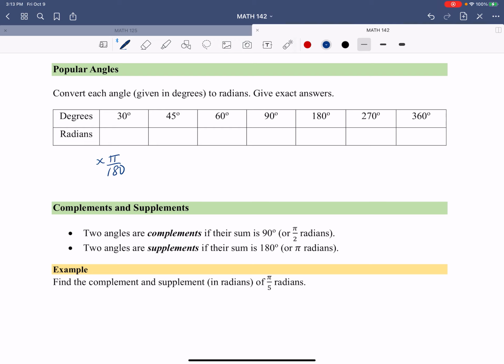So if I multiply all of these angle measures by pi over 180, this will give us pi over 6, pi over 4, pi over 3, pi over 2, pi, 3 pi over 2, and 2 pi. And there's many more in between, but that is our short list for now, angles to watch out for, because since 30, 45, 60, etc., were all special angles, we need to learn their radian counterpart. So that's where we'll stop for now, and then we'll pick up with complements and supplements and some other things we can do with radians.